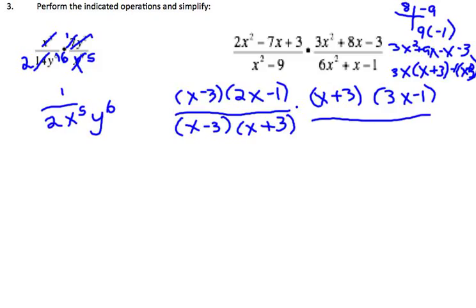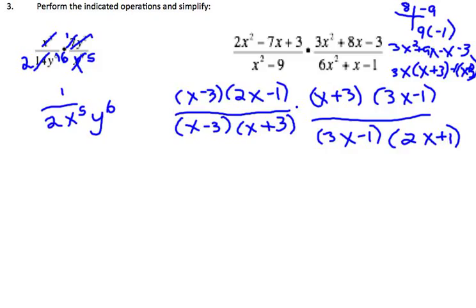Okay, now I have 6x squared minus 1, which is going to give me 3x minus 1 times 2x plus 1. And now remember, when I do this problem, if I'm not sure about my factoring, I can FOIL back to check it.